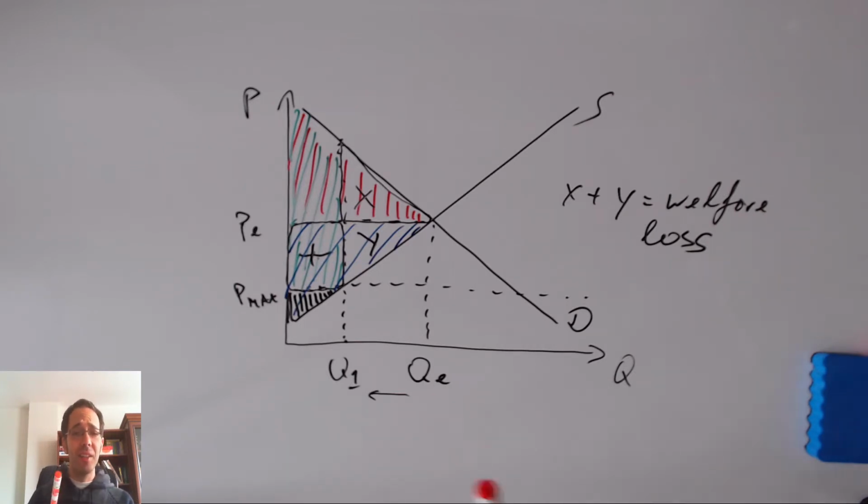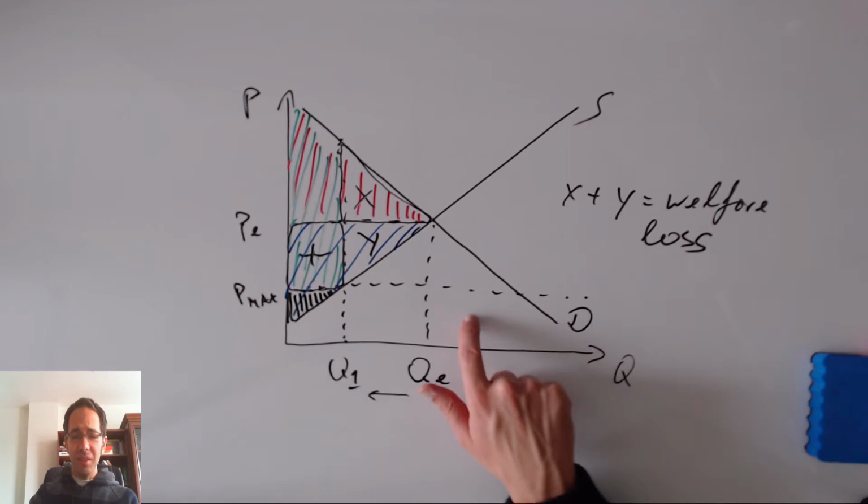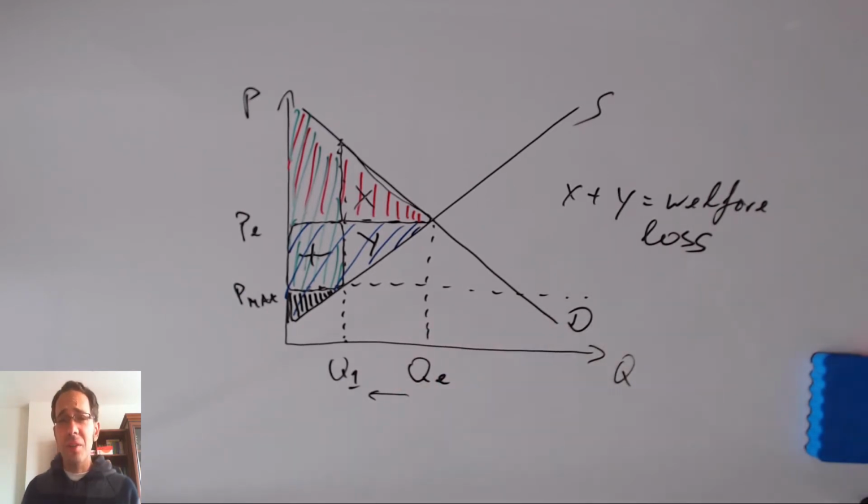We're comparing the old consumer surplus with the new consumer surplus, the old producer surplus with the new producer surplus, the old welfare loss, if any, with the new welfare loss, if any. And based on these comparisons, we're saying that in this case, this seems like a horrible decision, so don't do it.